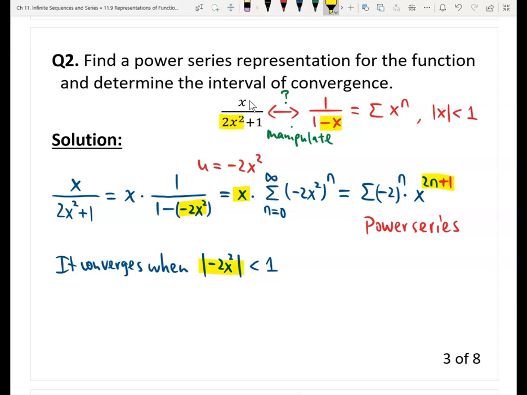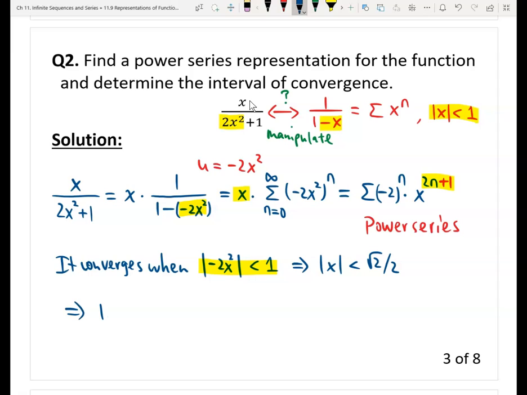So this is the inequality we need to solve. Easy: divide both sides by 2, and then take the square root. Therefore we get the absolute value of x less than square root of 2 over 2. That's the domain, or the interval of convergence.